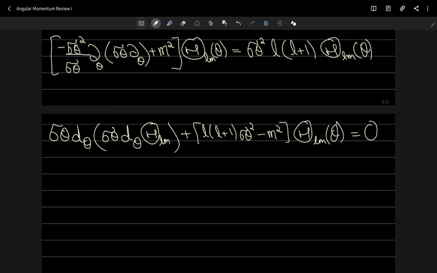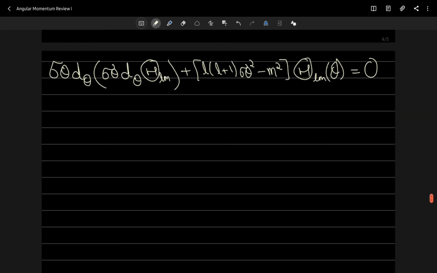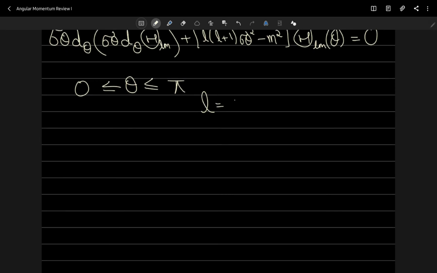Now this is the equation that we need the solutions for, and it turns out that the only physically acceptable solutions of this equation that remain finite over our range of theta, which was from 0 to pi, exist if and only if we have l as 0, 1, 2, 3, 4 and so on, and the values for m being negative l, negative l plus 1, negative l plus 2, up to l.